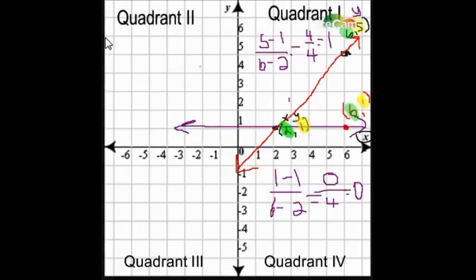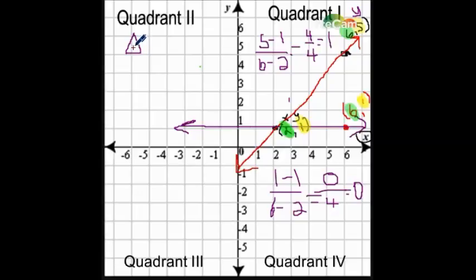So let's just review. How would I find out what the slope of a line is? I want to look at my y numbers in my ordered pair and subtract them. So we call that the change. That little triangle means change, or subtract.